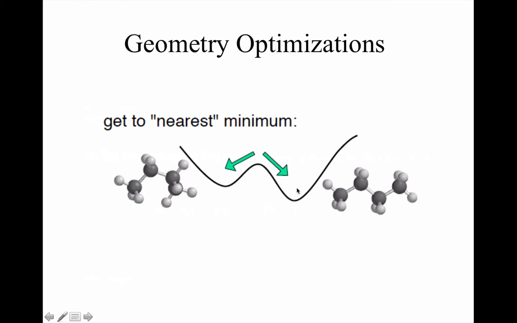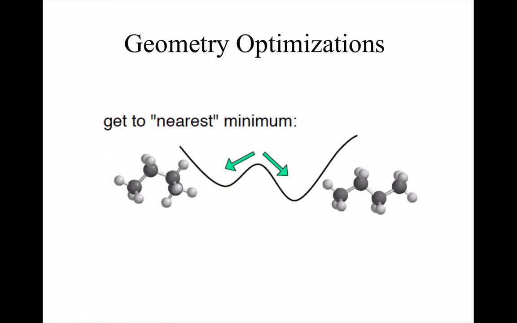And this here is of course the true global energy minimum, but we will never be able to reach this point by such first order methods if we start out with a structure that represents this point on the potential energy surface.